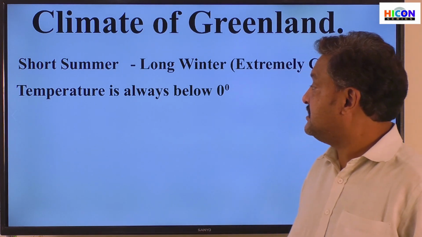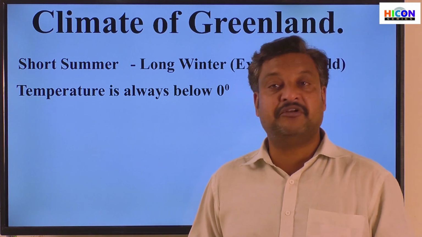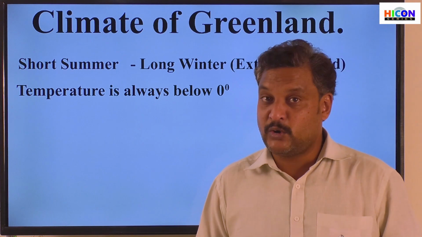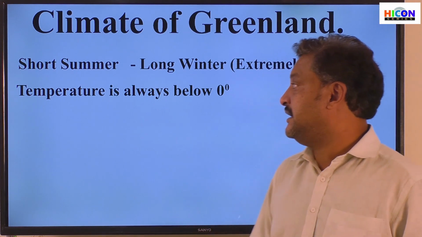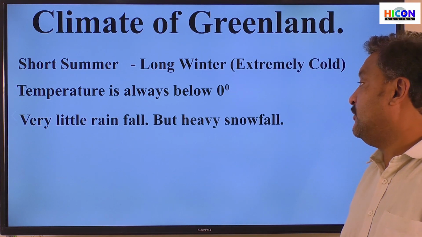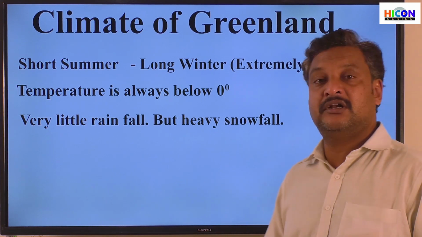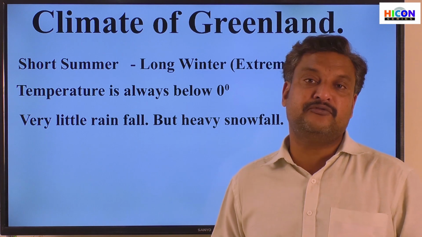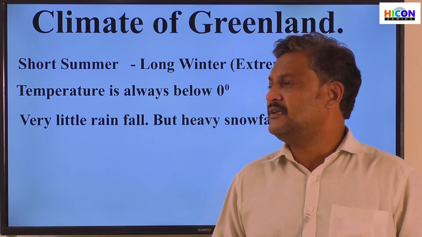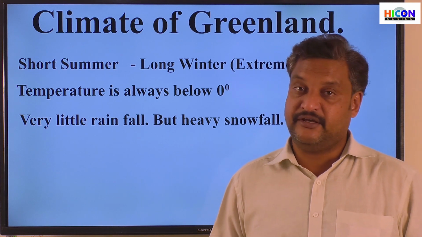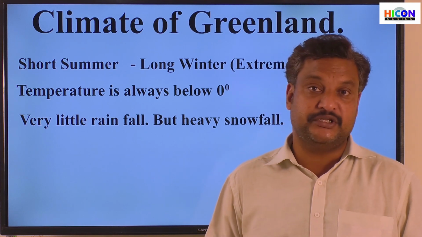Then, temperature is always below 0 degrees. Even during summer, the temperature is below 0 degrees. Right? Then, very little rainfall but heavy snowfall. This is another region in the world which receives very little rainfall. It almost doesn't rain at all throughout the year there, but snowfall is very heavy. It snows very heavily over there.